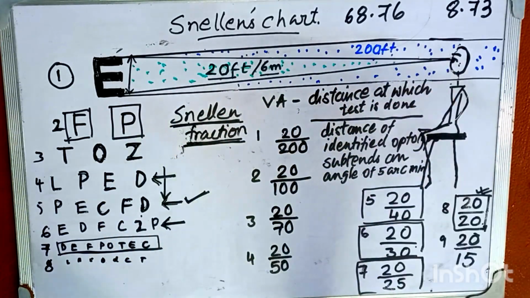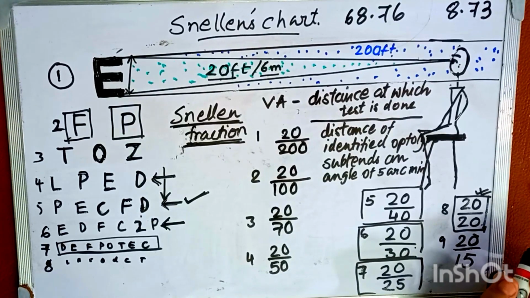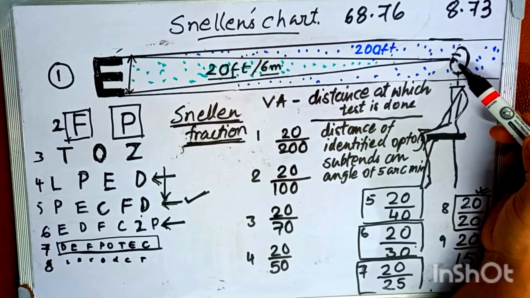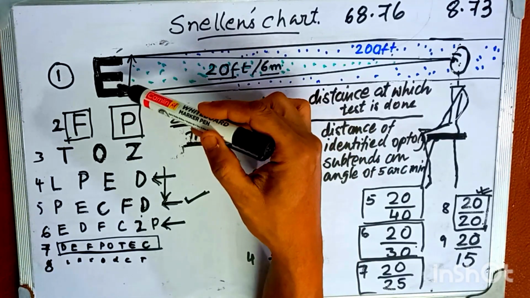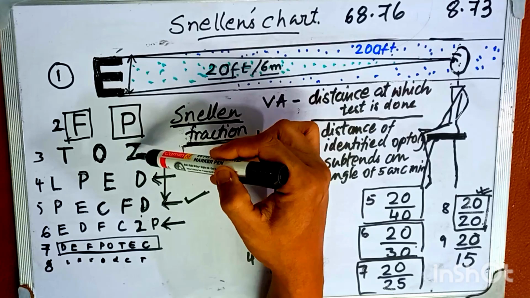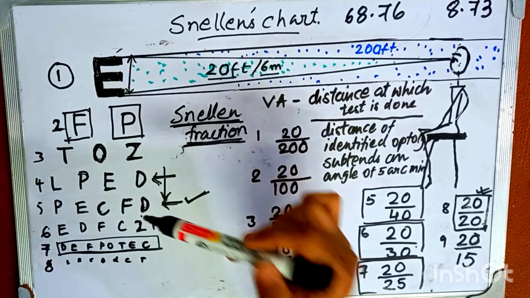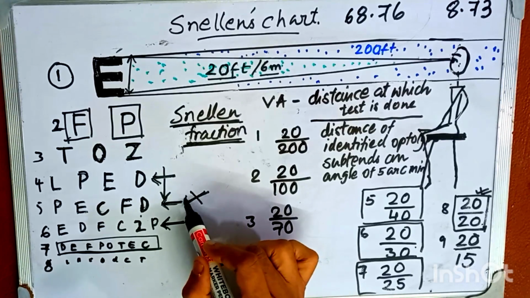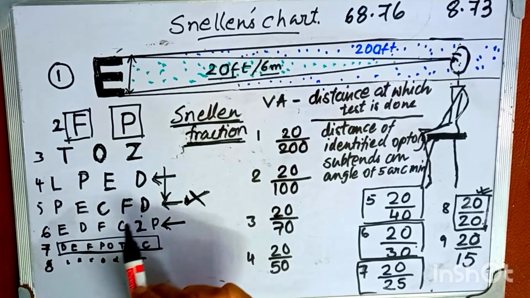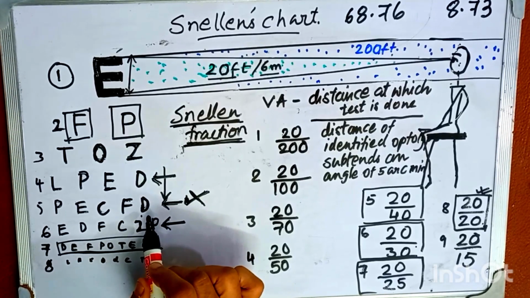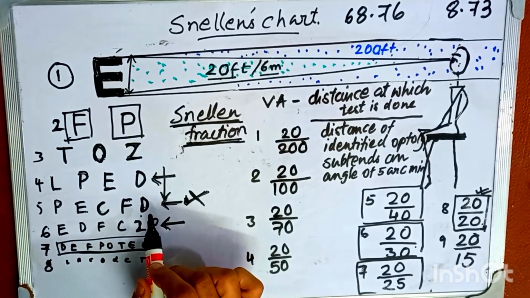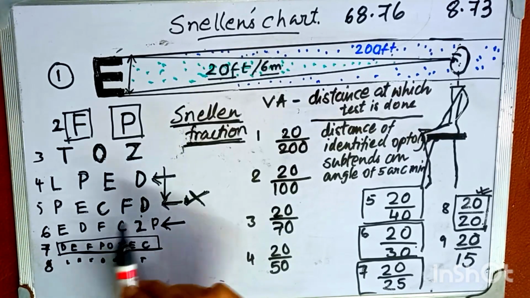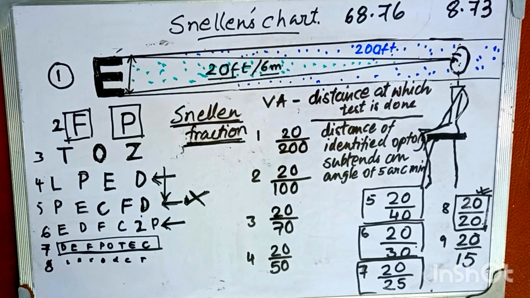He reads the first line, the next line, the third line, the fourth line, and say he stops at the fifth line. What information do we get when he stops at this fifth line? That is very important. Now I'll explain how we calculate the visual acuity from this information.